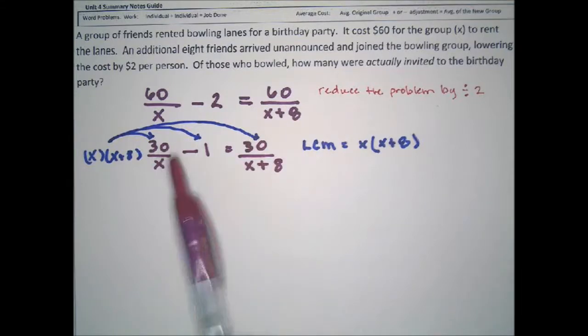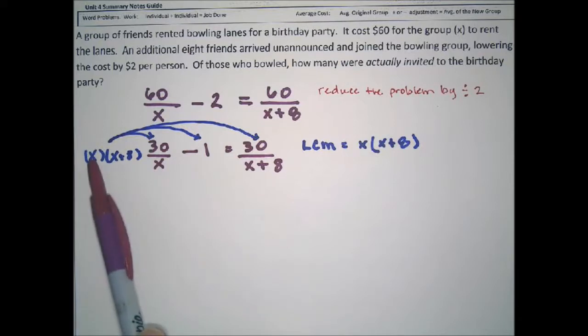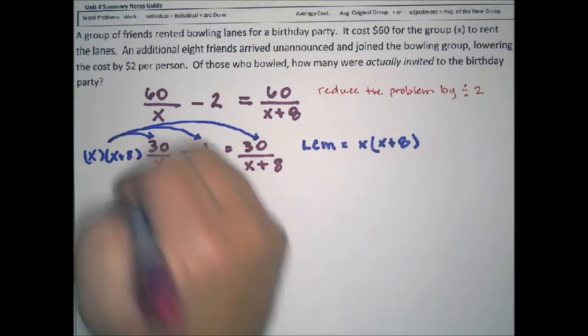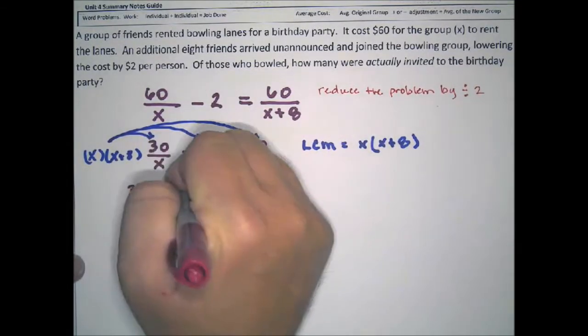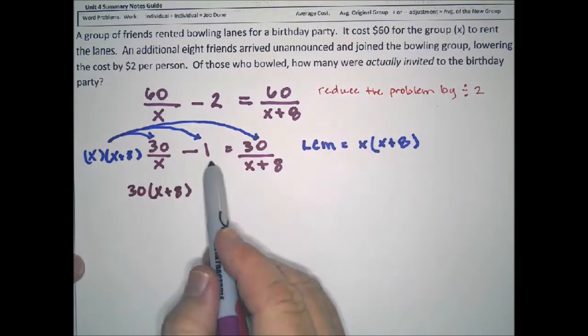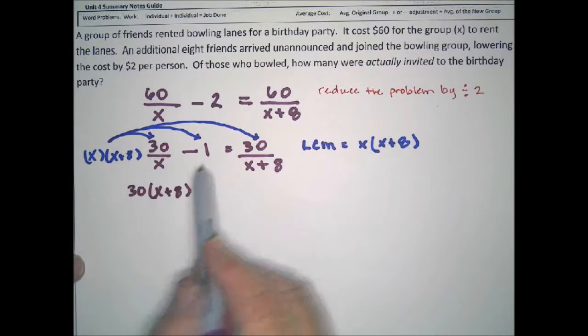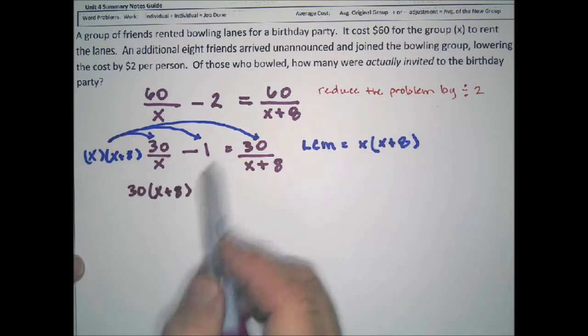On the first term, the denominator x reduces with the x, leaving 30 times x plus 8. Moving on to the second term, there is no denominator at all. So I need to multiply x times x plus 8 times negative 1.